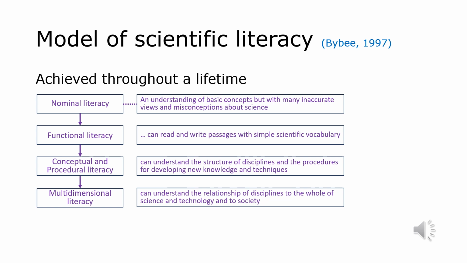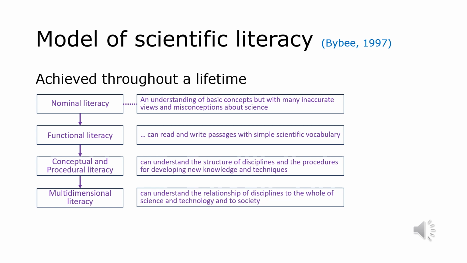So it starts with nominal literacy, and then functional literacy, and then conceptual and procedural literacy, and then multidimensional literacy. Nominal literacy itself is an understanding of basic concepts, but with many inaccurate views and misconceptions about science.